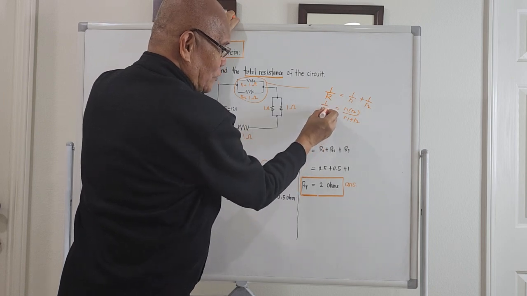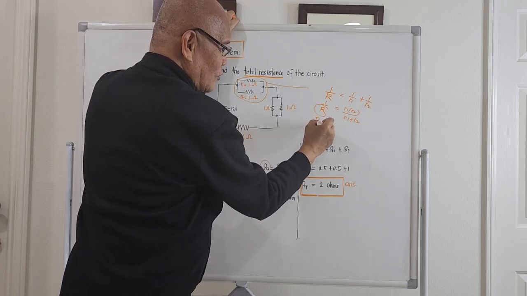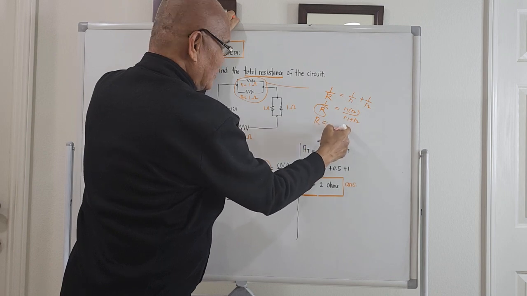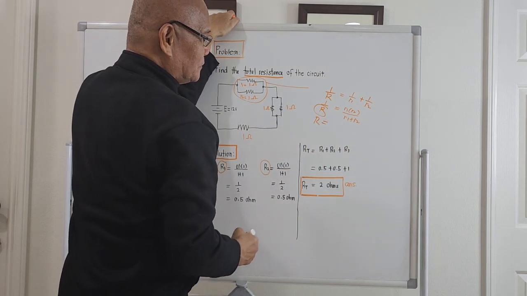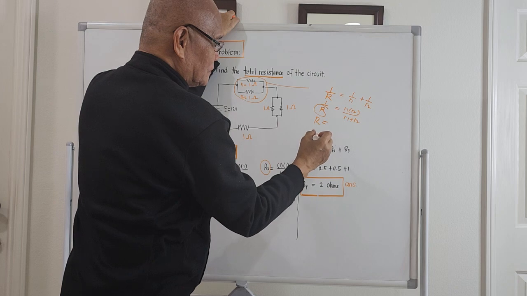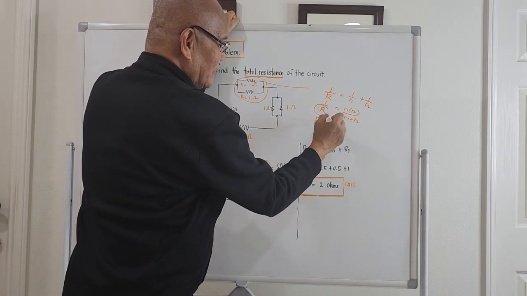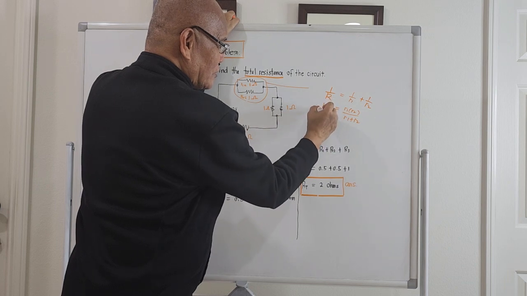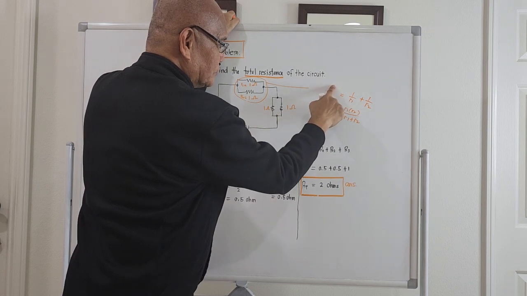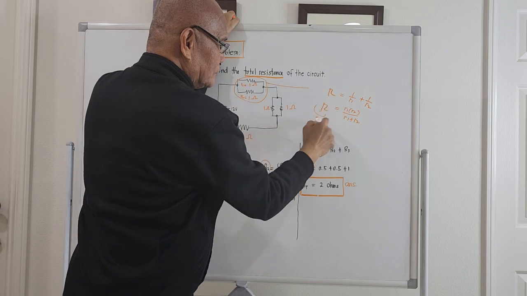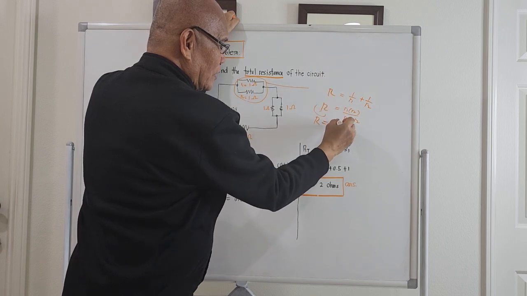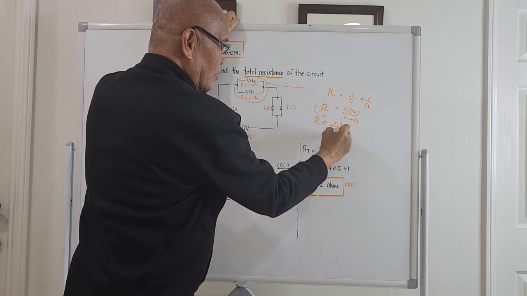So if we compute for this, r now will be equal to the product all over the sum, right? This is r only. The product of r1 r2 over r1 plus r2.